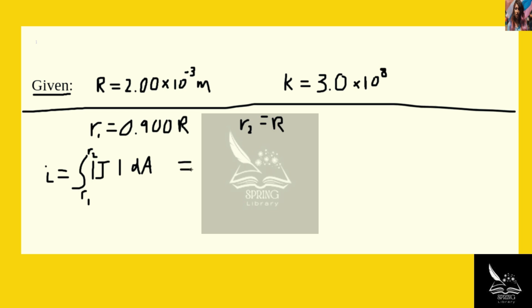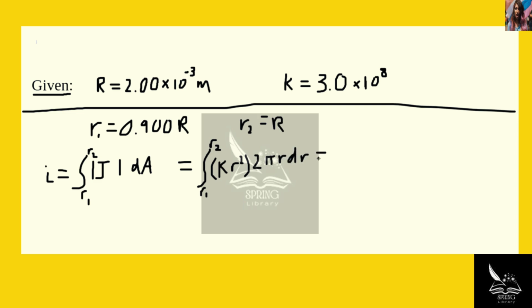So this is equal to the integral from r1 to r2 of K r squared dA. Here dA is 2 pi r, because that's the area, times the change in r, dr.